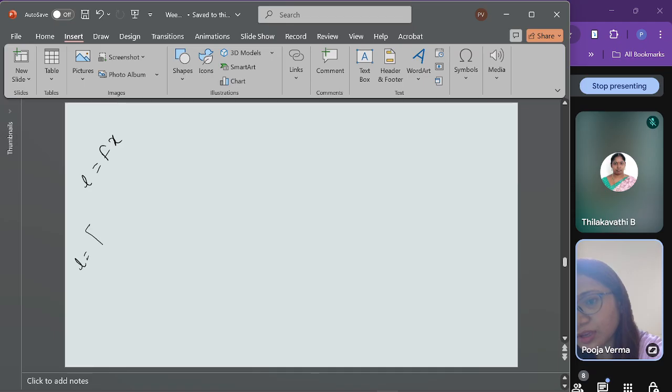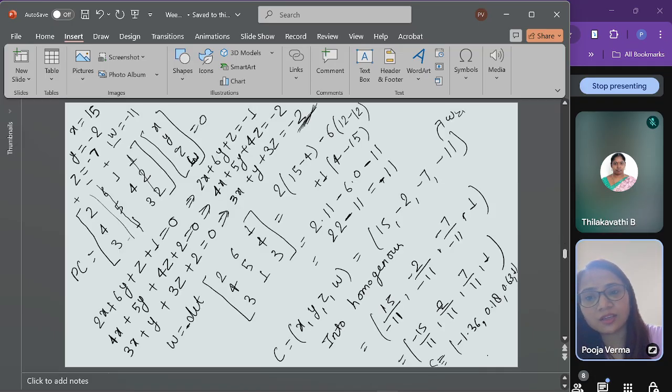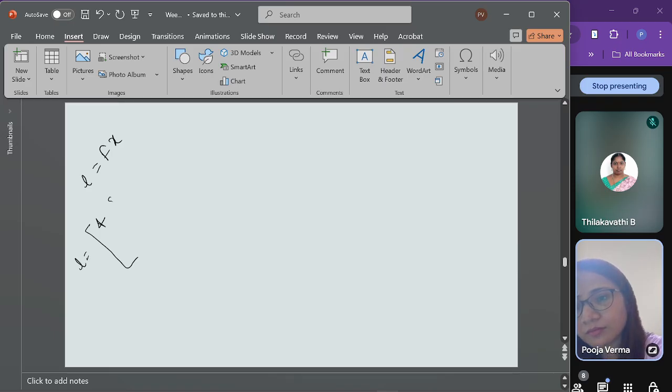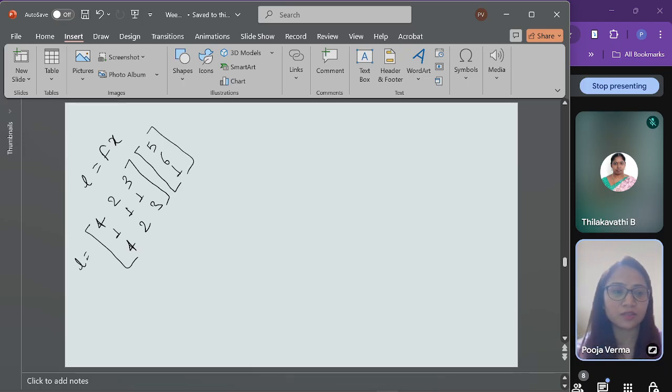Okay, so F, the fundamental matrix, is given. That is 4, 2, 3, triple 1, 4, 2, 3, 4, 2, 3, triple 1, 4, 2, 3, and the image point that is given is 5, 6. We have converted it into the homogeneous form, so it is 5, 6, 1. Now if you multiply these two matrices, 4 into 5 plus 2 into 6, 12, plus 3.